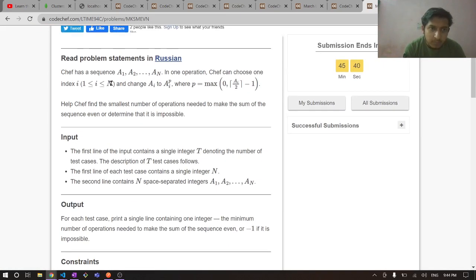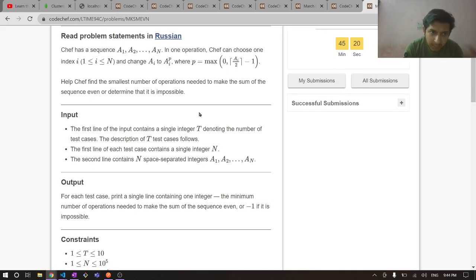So Chef has a sequence, and for an element at index I, he can change ai to ai raised to p. And what is p? P can be calculated very easily like this. Now we have to help Chef find the minimum number of operations needed to make this sum even.